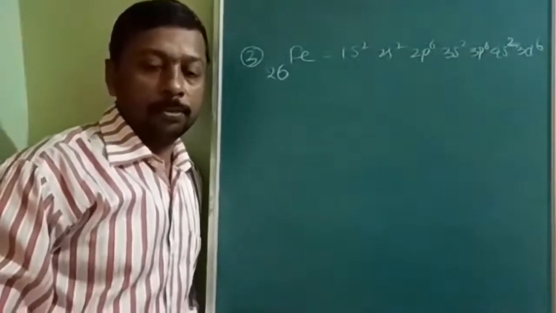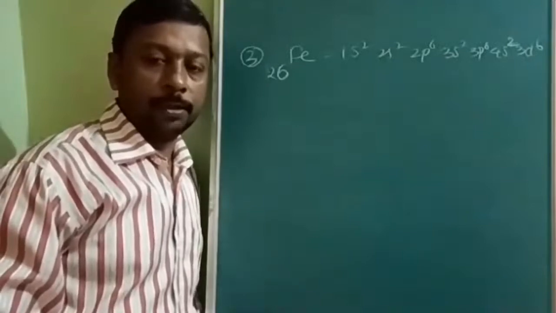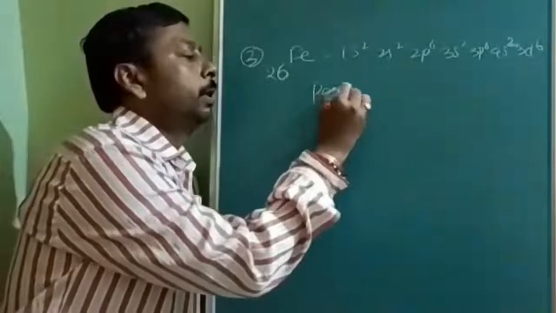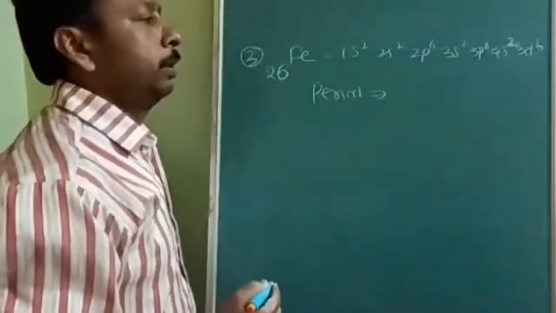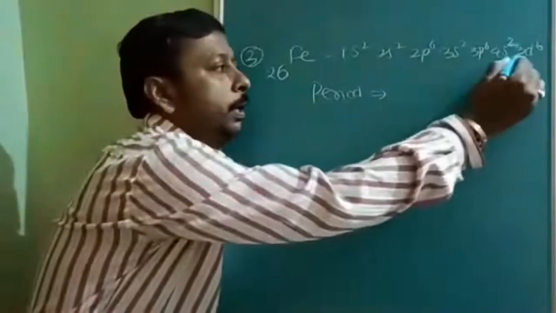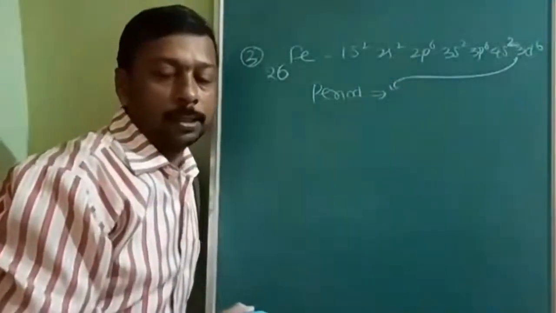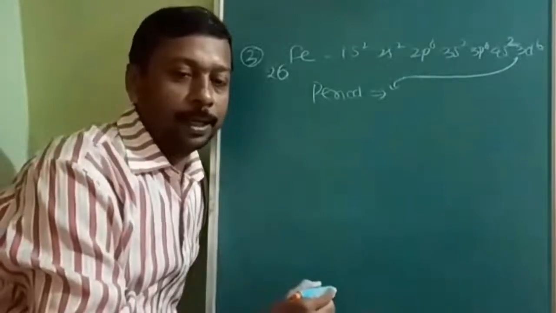Now, when you want to find the location, first you have to find the period. The period formula is the largest principal quantum number. After repeatedly telling, people are still writing this wrongly, that's why I clearly mention it is not last, it is largest. There is a difference between last and largest.